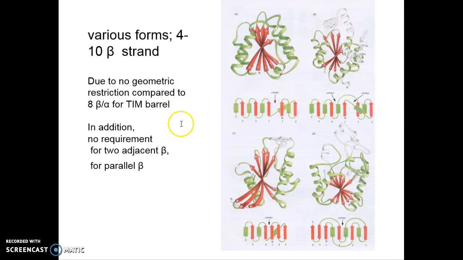This is different from the TIM barrel, which is very strict in the number of beta and alpha, typically 8. But open twisted sheets here are a lot more varied.